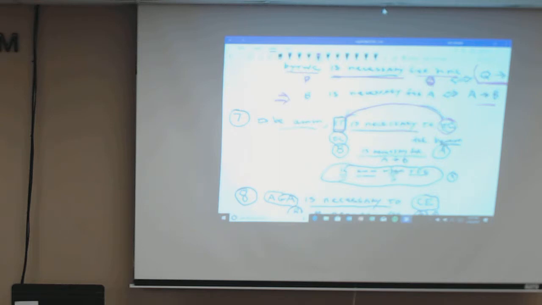What's number 7? To take calculus. Taking calculus. So taking calculus is necessary for being a math major. Do you see that? See how you have to take the sentence and rearrange it into the logic format.